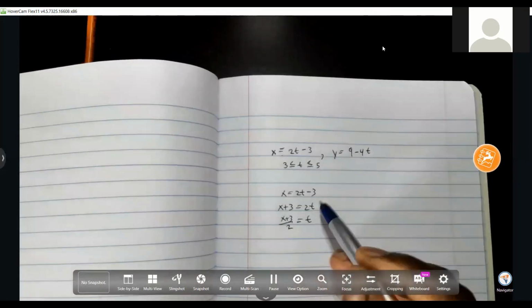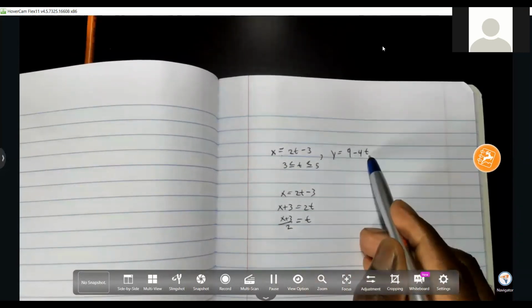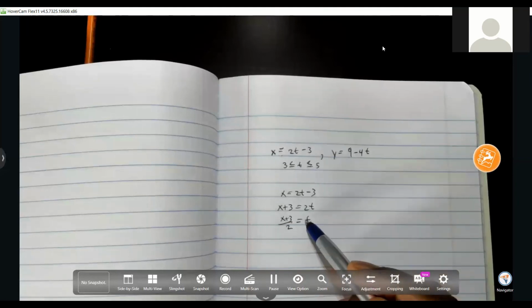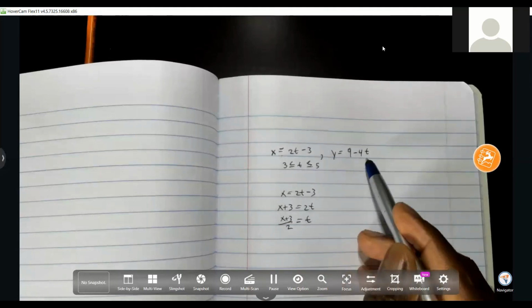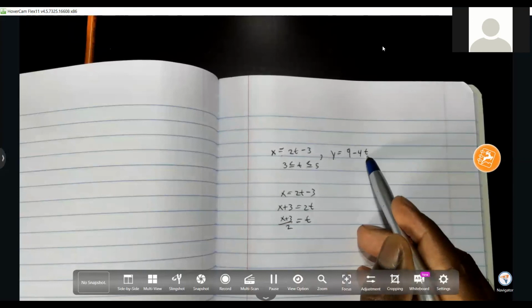All right, so we have t in the second equation. So the t that we have here, we're going to go ahead and substitute it here.